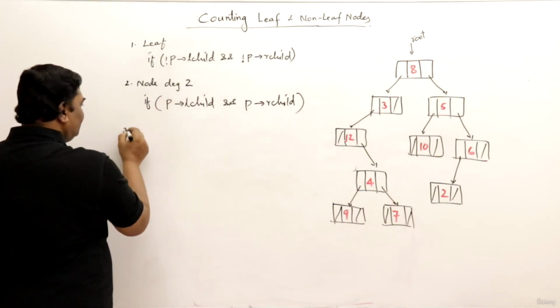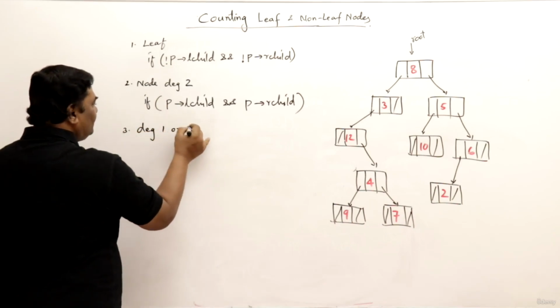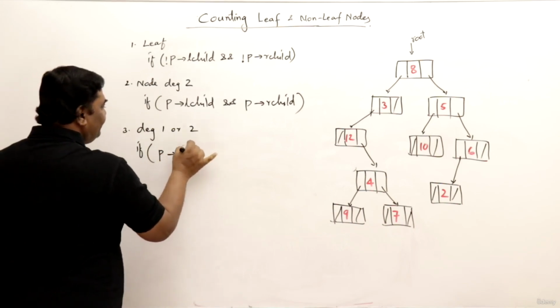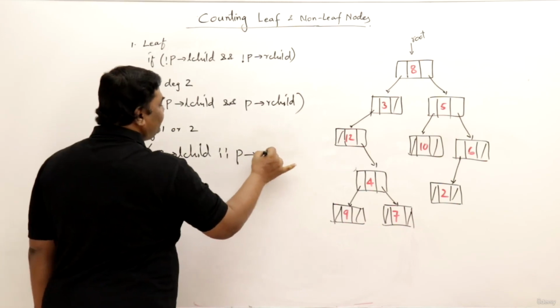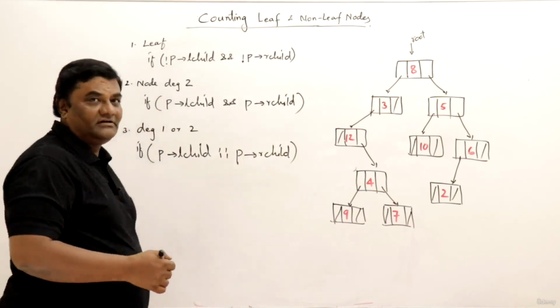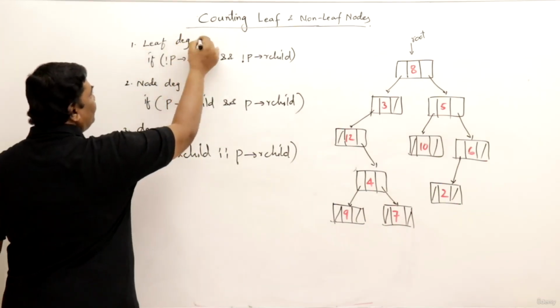Then the third one, degree 1 or 2. For this, the condition is if P's left child is not null or P's right child is not null. This is the condition. This is for exactly degree 0, right?